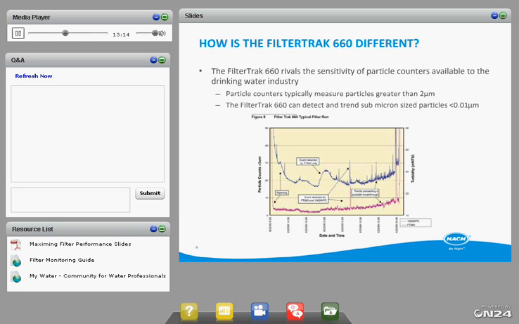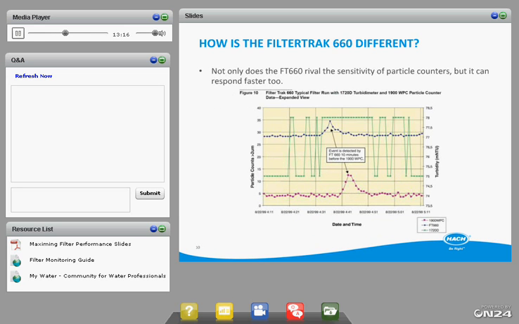In addition to being more sensitive in terms of the size of particles that are trended by the FilterTrack 660 over particle counters, there's also the possibility that with this instrument, it can see events sooner than with a particle counter.